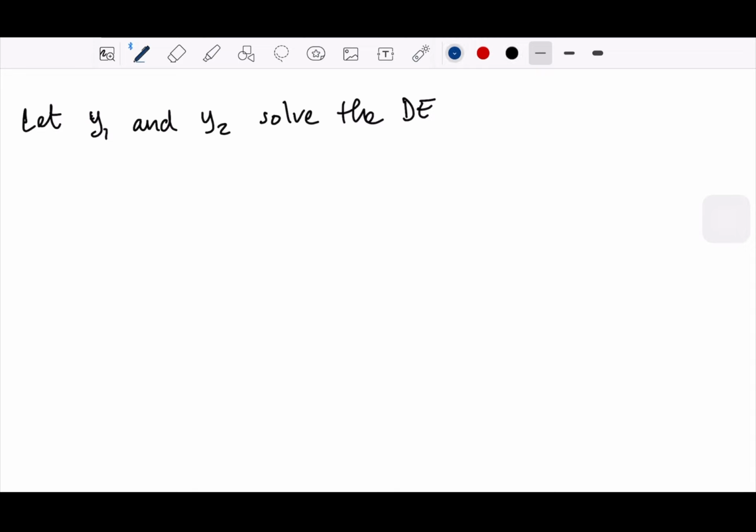Let me give you the equation: y double prime plus p of x y prime plus q of x, maybe capital Q, y, equal to 0. So suppose y1 and y2 can solve this DE.